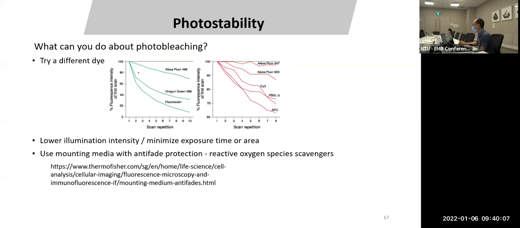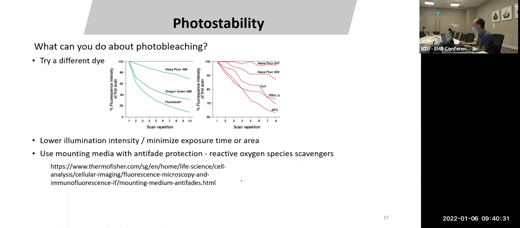If you can't change the dyes that you are using, then probably you can lower your illumination intensity, or you can minimize your exposure time. And in some cases, when you are searching for your cell, you can limit the area that you expose your sample to light. And of course, some people use mounting media with anti-fade protection.